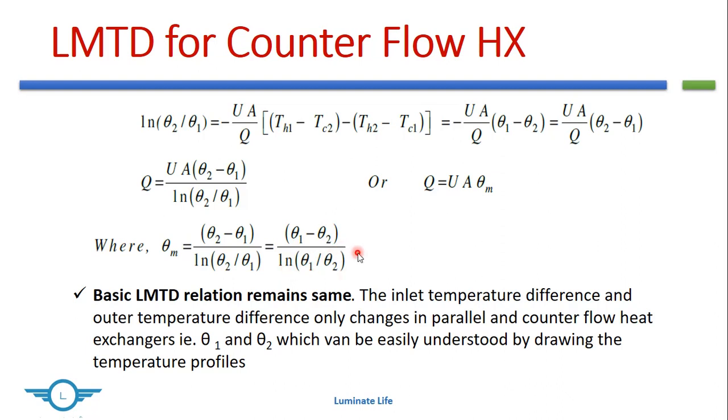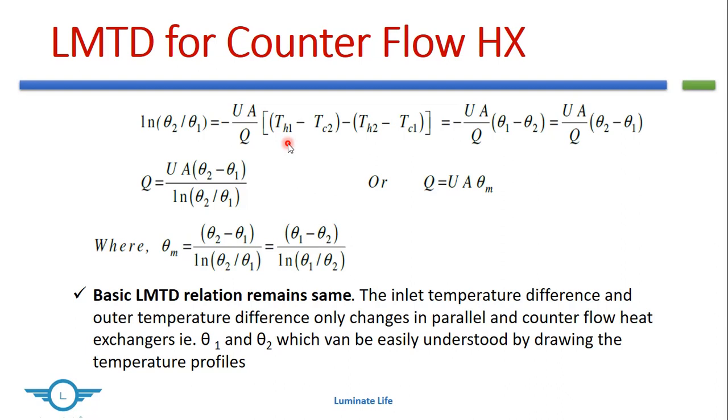But the point to note here is that the description or the concept of theta 1 and theta 2 is different for both the cases. This is quite evident from the temperature profile diagram. In parallel flow, theta 1 value is Th1 minus Tc1, whereas in counterflow, the value is Th1 minus Tc2.